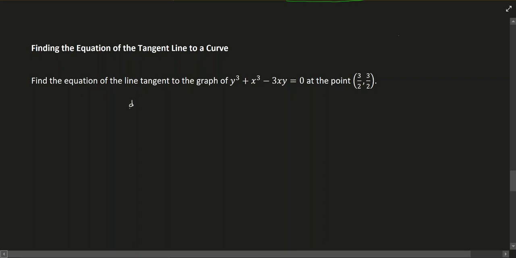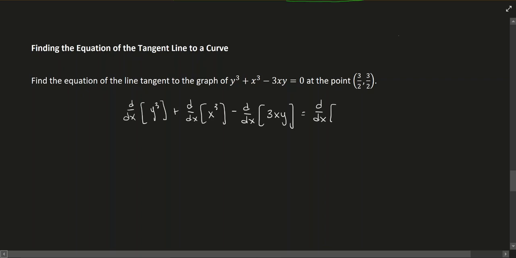So taking the derivative of both sides of our equation, we're taking the derivative of y cubed. We're also taking the derivative of x cubed. And finally, we're taking the derivative of 3xy. And on the right-hand side of the equation, just the derivative of 0.